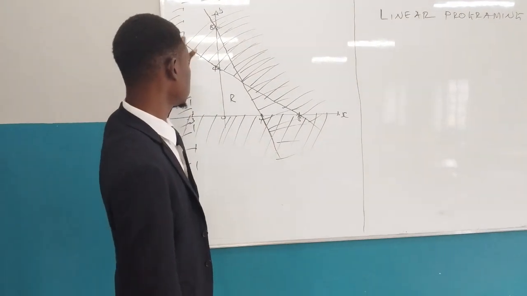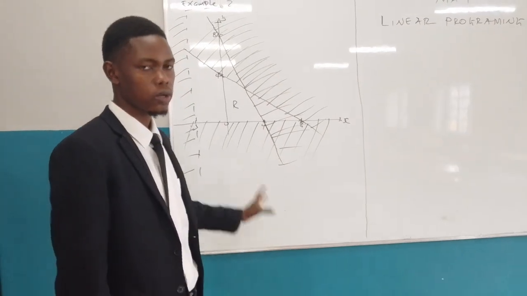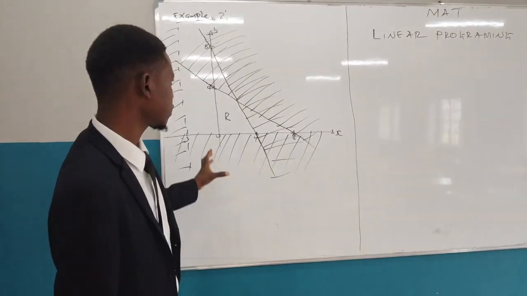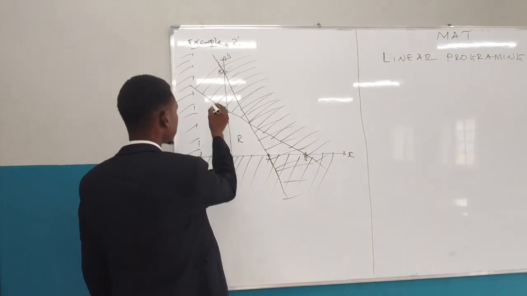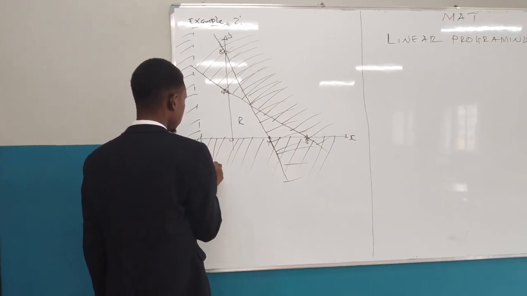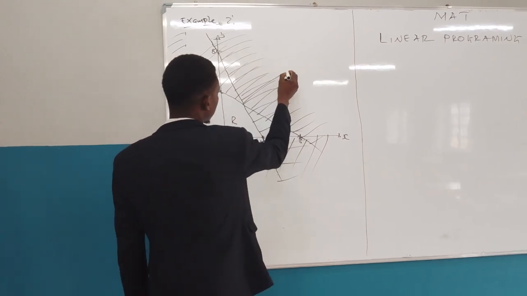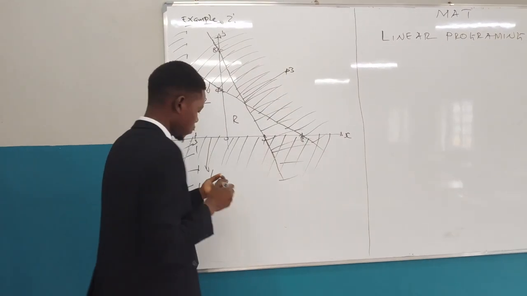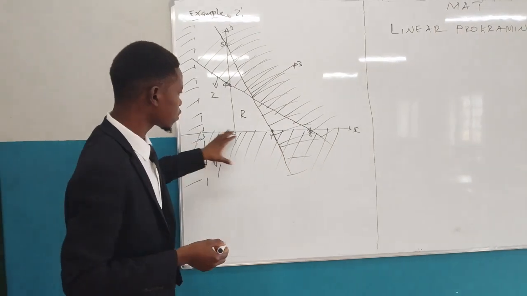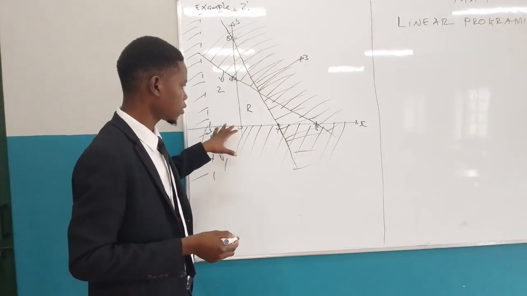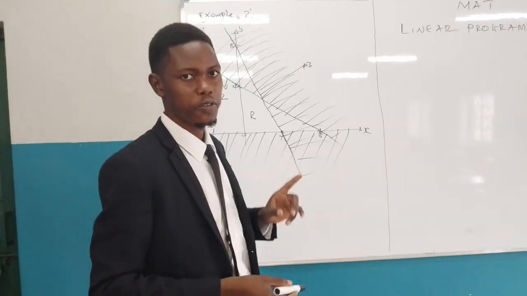So this one is excluded because it has already been given. Our focus is on these, so we can label this one as 1, this one as 2, and this one as 3.